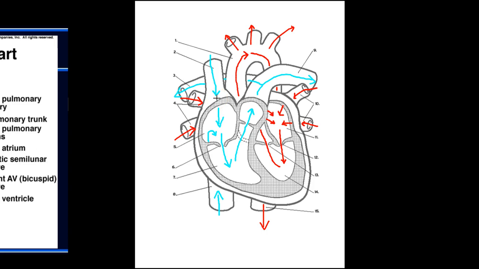The only time that that's not true is when we have the pulmonary system here, because we have a pulmonary artery carrying blue blood on the way to the lungs to get new oxygen. And then we have pulmonary veins carrying red blood. So the pulmonary system are unique vessels in the sense that they carry deoxygenated blood away from the heart and oxygenated blood back to the heart in their arteries and veins respectively.